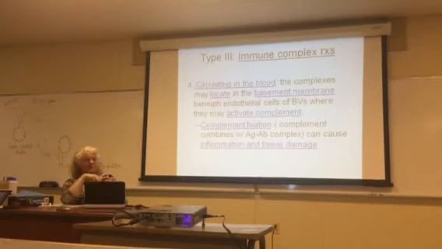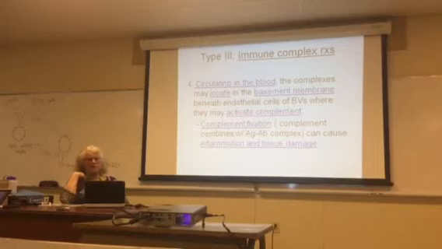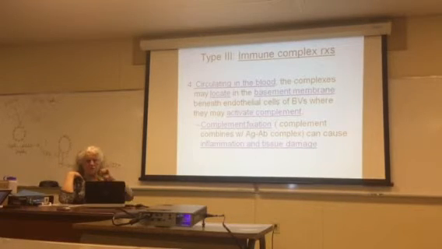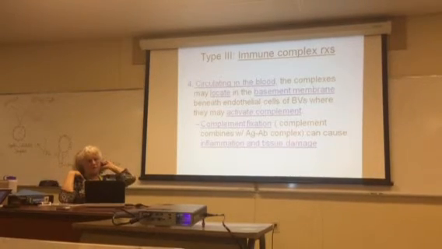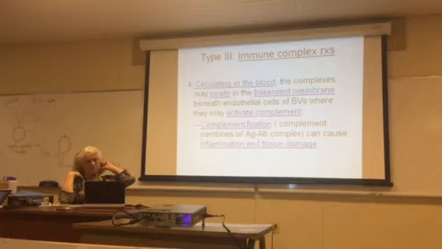Then these complexes are circulating in your blood, and they can locate themselves in the basement membrane, which is beneath the endothelial cells of the blood vessels, the ones that line the inside of the blood vessels. And then they may activate complement.